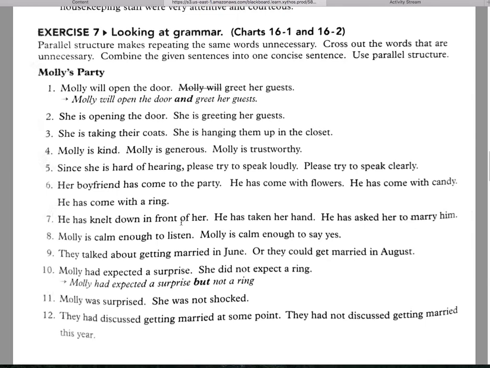He has knelt down in front of her, comma, taken her hand, optional comma, and asked her to marry him.